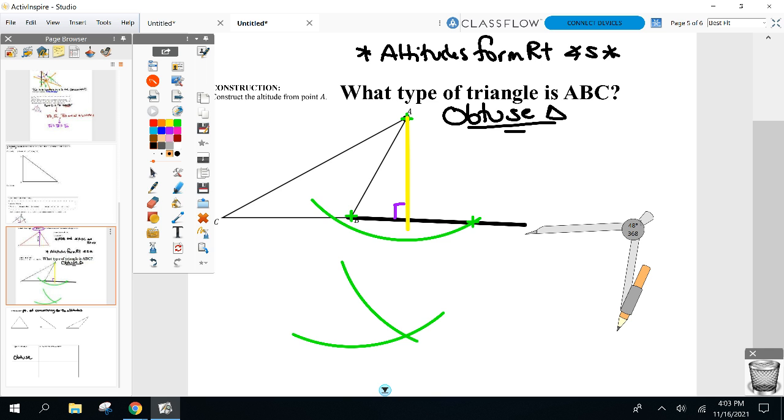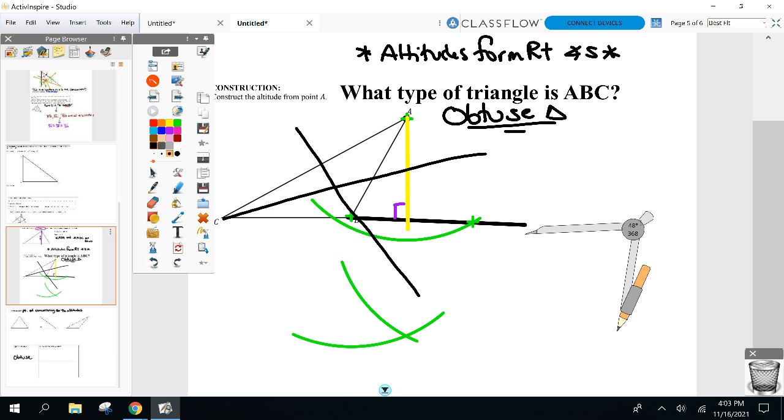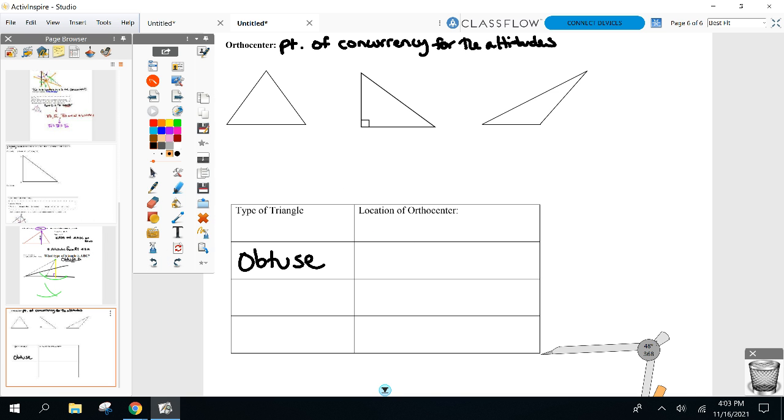Somehow, if I keep drawing in my altitudes, they'll have to intersect somewhere on the outside. So if you have an obtuse triangle, the orthocenter will be on the outside because one of the altitudes is on the outside.